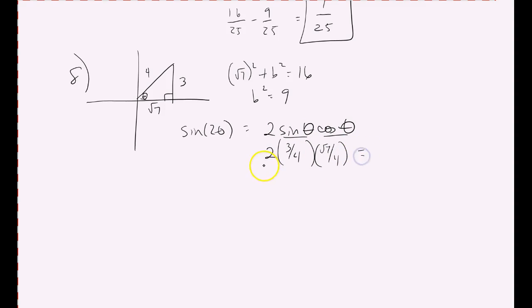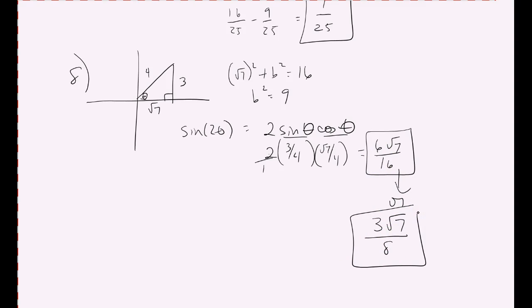And then I just do the math. So this will be a 6 root 7, right? I'm just doing top times top times top over bottom times bottom times bottom. Oh, I could reduce that. I just saw that they were both even. So that would actually be 3 root 7 over 8. That's probably a better answer.